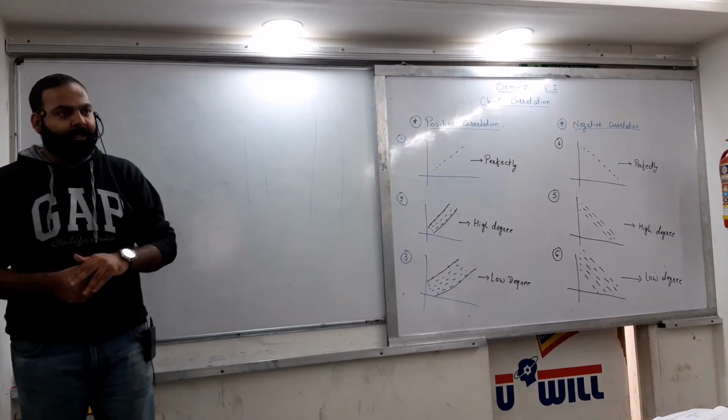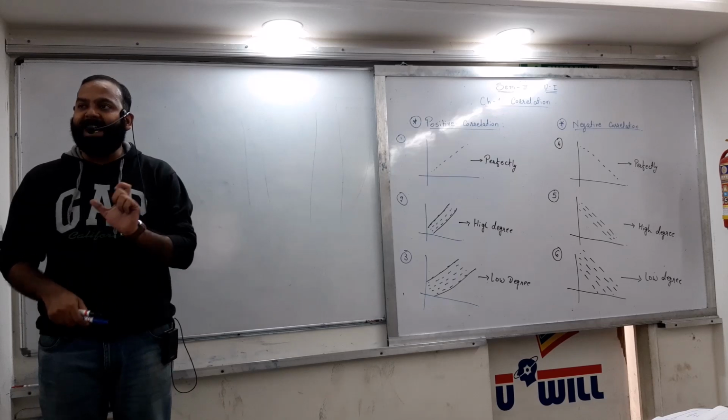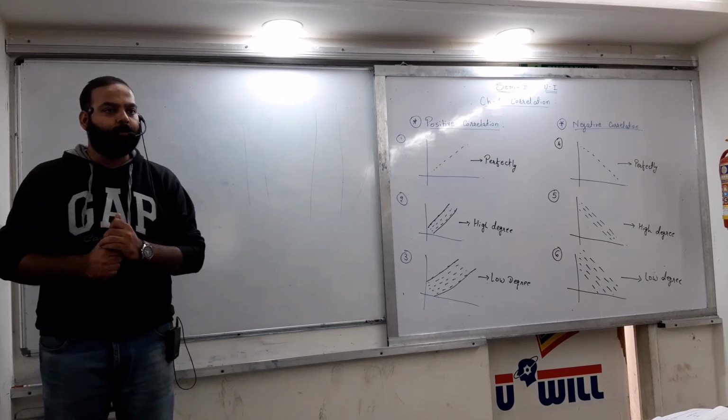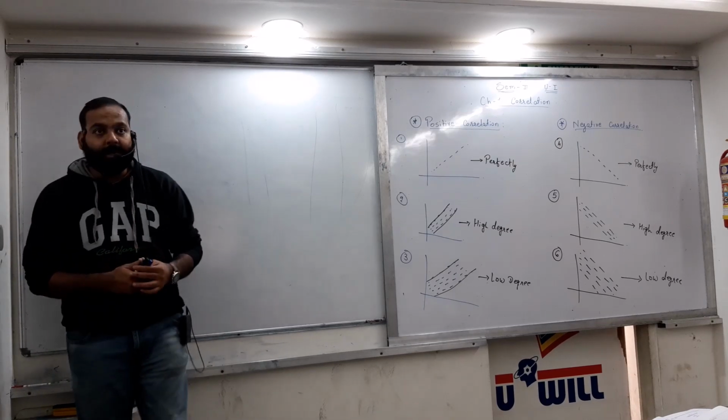अब बात करते हैं, अच्छा correlation is dash measure, qualitative quantitative. Qualitative अभी हमने देखा.